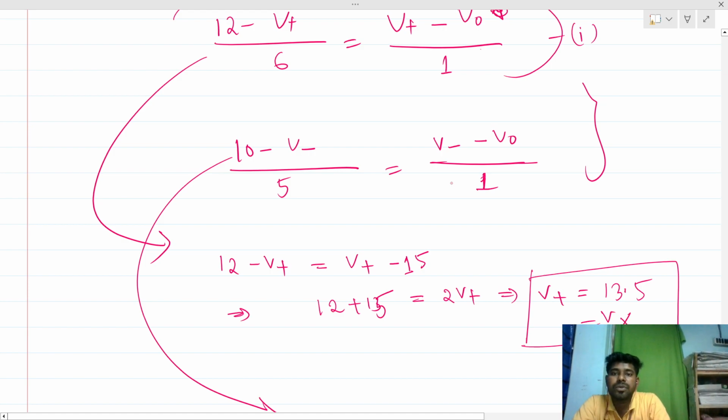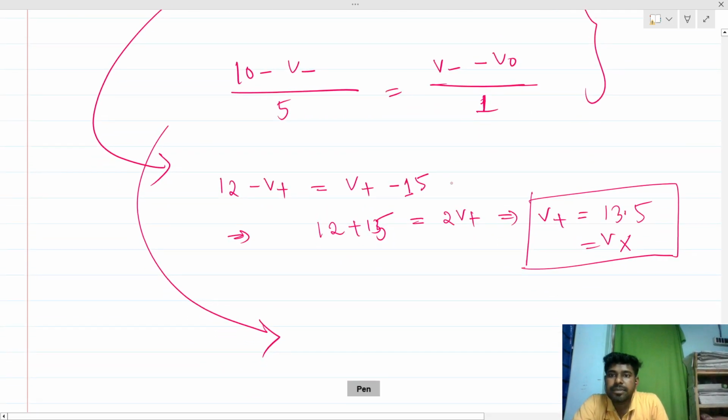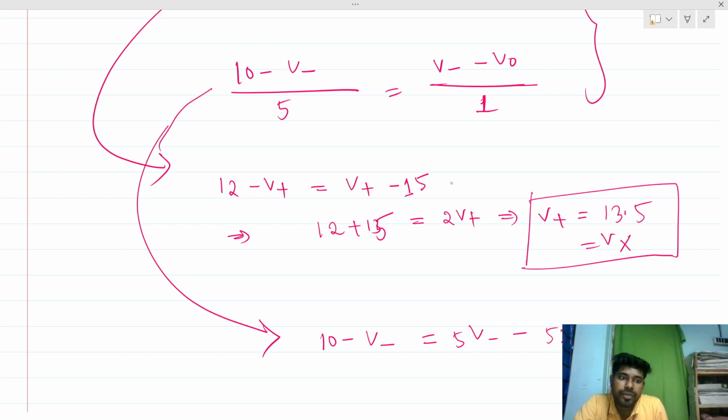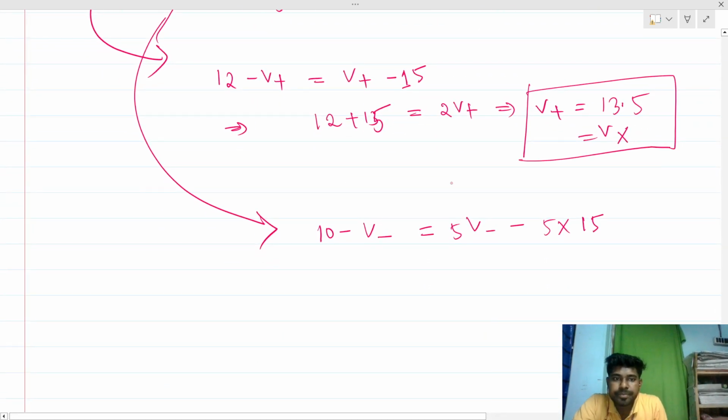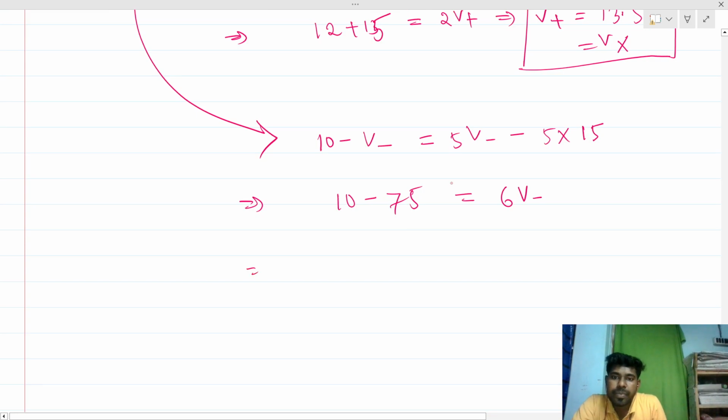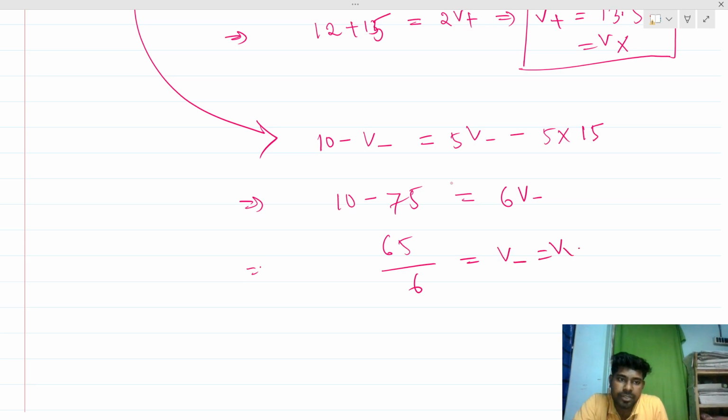Now what about our V negative or Vy? Again similarly we can find that. So 10 minus V minus will be equal to 5V minus minus 5 into 15, right? So 10 minus 75 will be equal to 6V minus. So this will be 65 by 6. I'm doing something wrong.